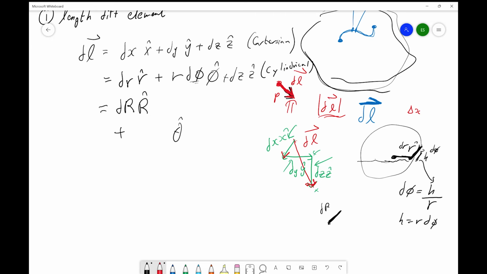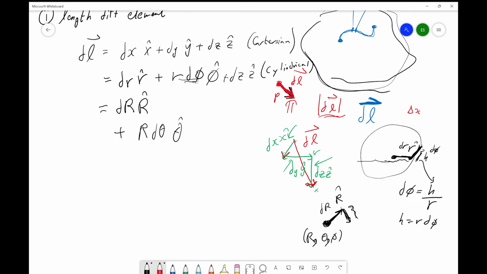So this is dr. So this is the point r theta phi, and then I displace by dr r hat, and then I displace theta. Theta goes in this direction, and again this is an angle, so this displacement is just going to be r d theta, similar to what we did here, right?